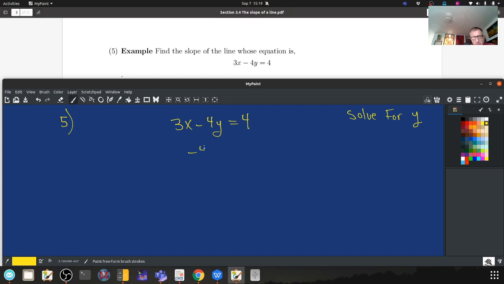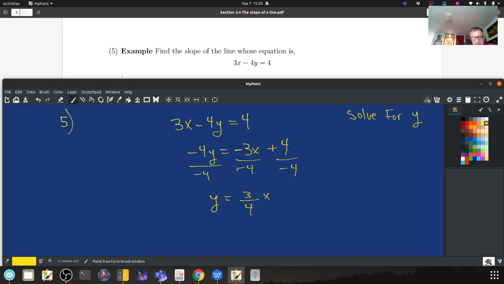We've done this before. I move the x term over to the other side. It changes sign. I scoot the constant term over and put its sign in front of it. Then I'm going to divide both sides through by minus 4. So I find the following equation is correct. Y is equal to 3/4 x.